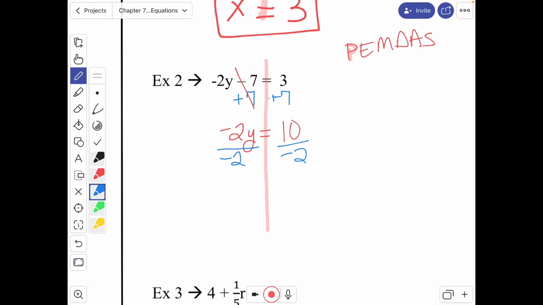Don't forget the negative sign. Negative 2 divided by negative 2 would make positive 1, and 1y is the same as just y. And 10 divided by negative 2 makes negative 5. So the solution is y equals negative 5.